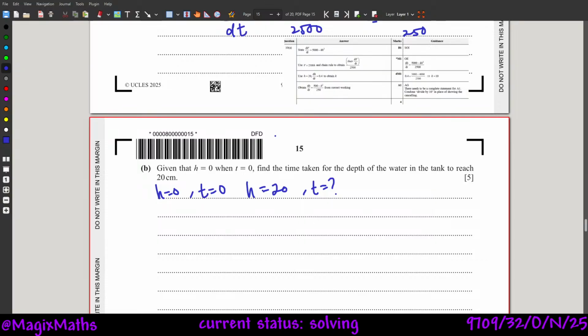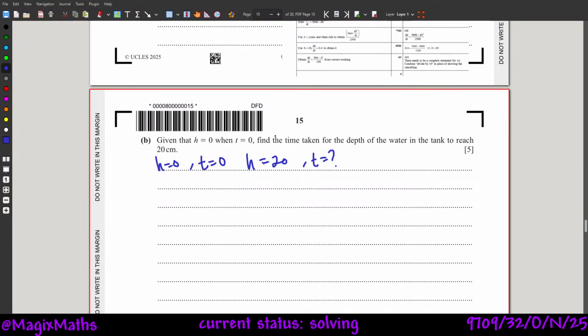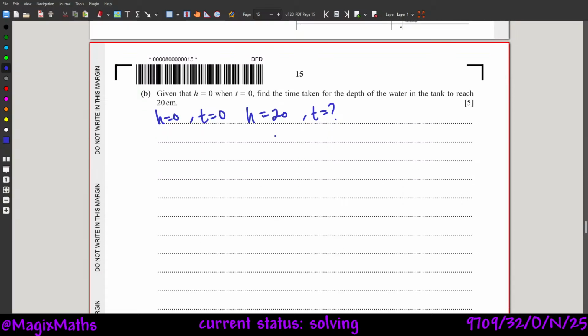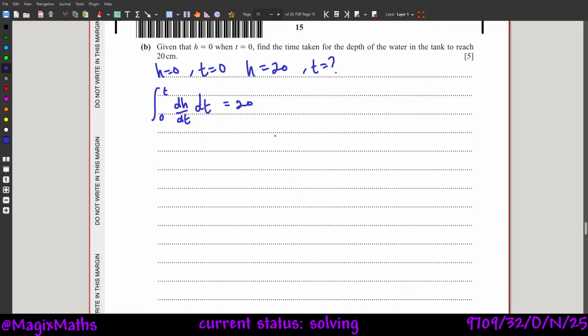Try to think. I'm going to take a guess, and maybe we have to find from 0 to t of dh/dt, and then it's equal to 20. So let's try that.